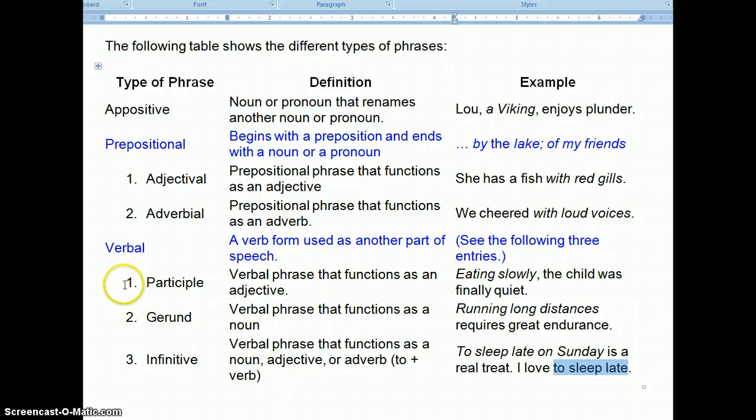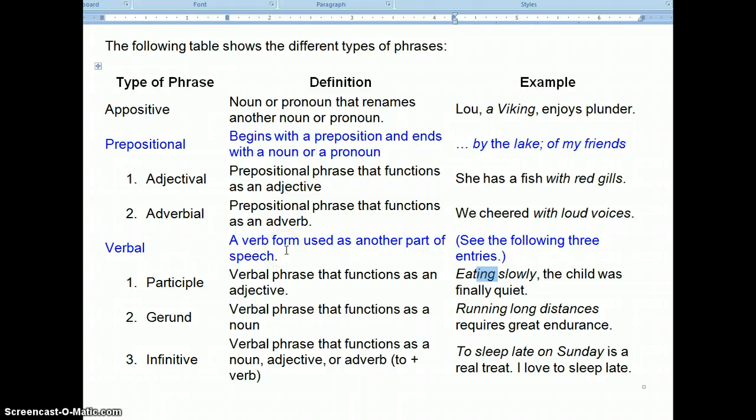So with the verbals, with the new ones, I would like for you to be able to recognize the different types, your participle, gerund, and infinitive. But we'll work our way into understanding and being able to recognize what part of speech they are. Right now, I just want you to recognize them, okay? Look at the keys, clues, if you will. The ing, typically, you would see that with a verb form.